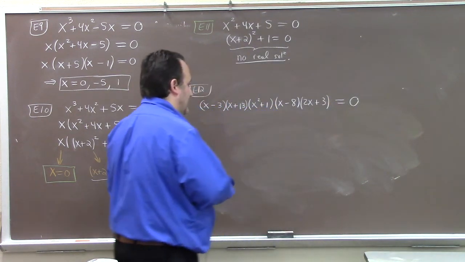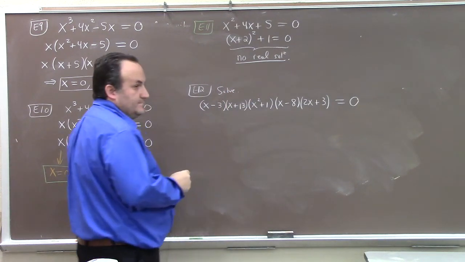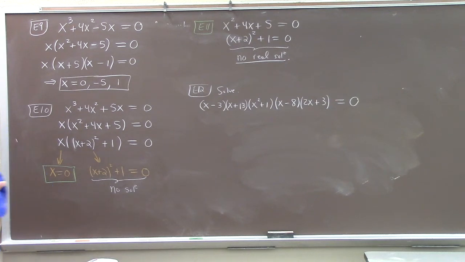Solve. How would you solve this? The question is, how can you make the factor 0? If any one of the factors is made 0 by your choice of x, that makes the equation true. Because 0 times a bunch of other stuff is still 0. So we can think about them one at a time.